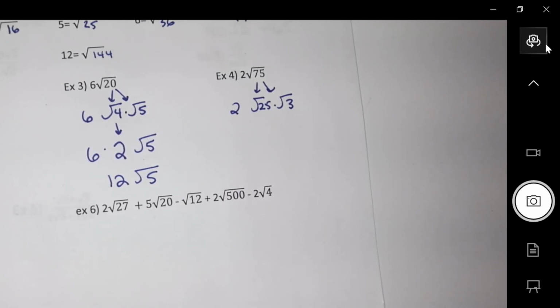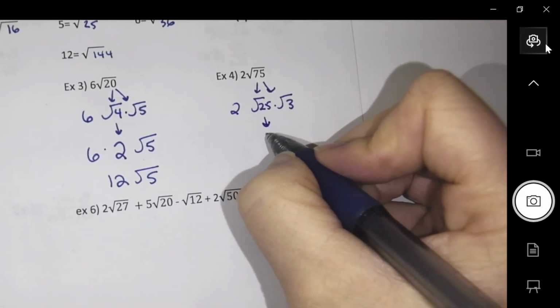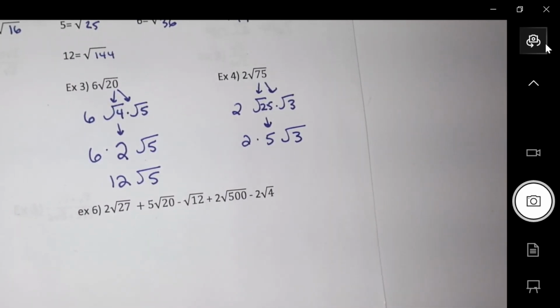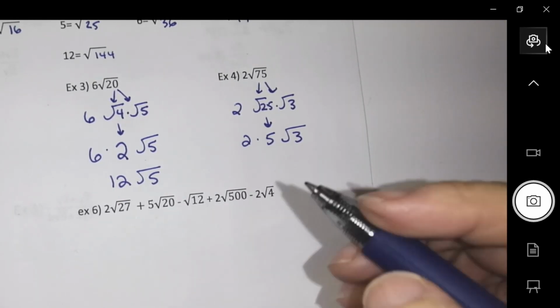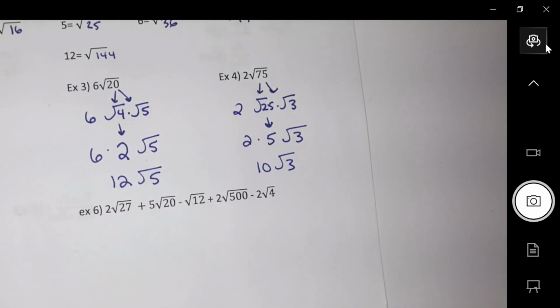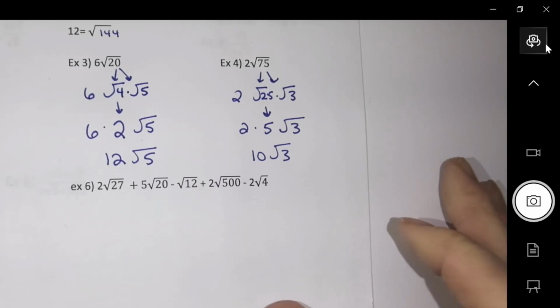The root of 25 is 5. So this would become 10 root 3. That's not as bad as I remember being last year. That's because last year we had to estimate, and that was really annoying. Oh, yeah, we did. Okay.